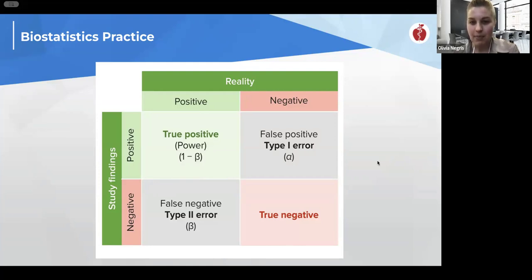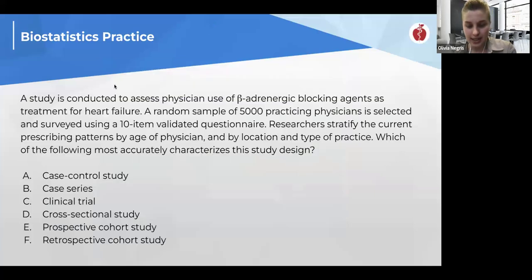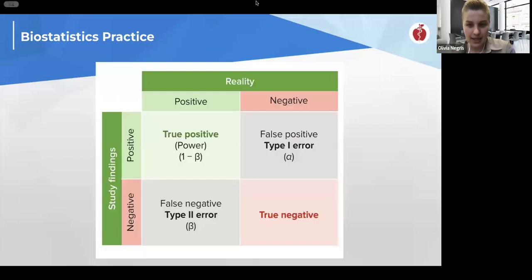When we talk about our type 1 error, you can see this is labeled as the false positive. Type 1 error is also known as the alpha. That's how you'll sometimes see it denoted on exams. This is an error that occurs if you reject a null hypothesis when it's actually true.